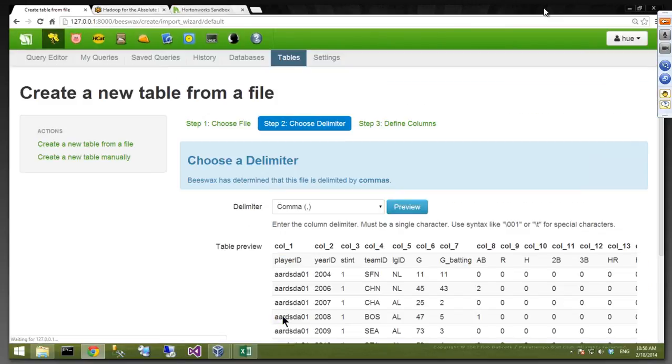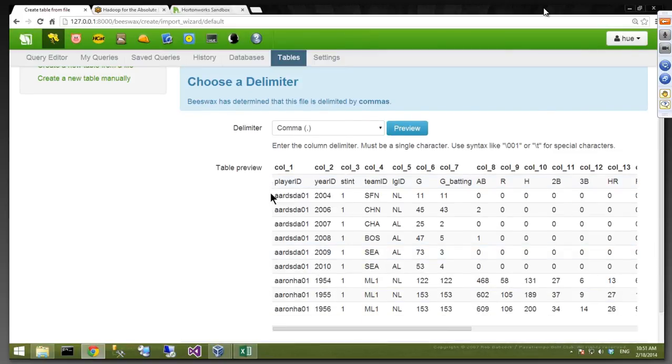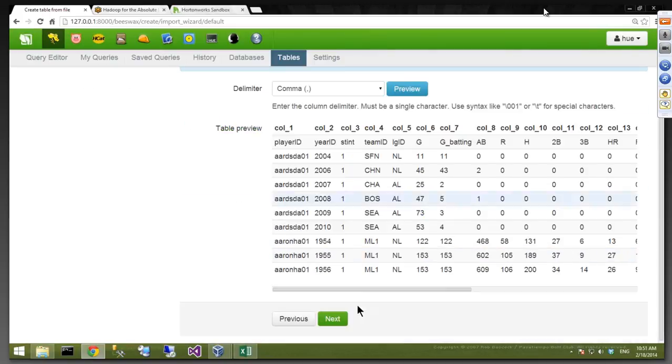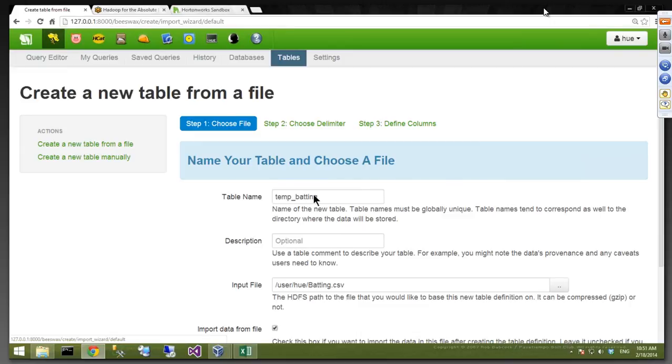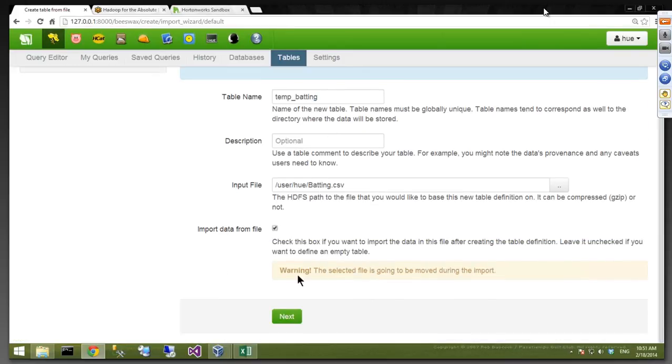And now it took a look inside batting CSV, and then it found a whole bunch of columns here, right? And I can take a look at all these columns, and let's see. Actually, let's go back to choosing a file real quick. Temp batting, input file. Yep.